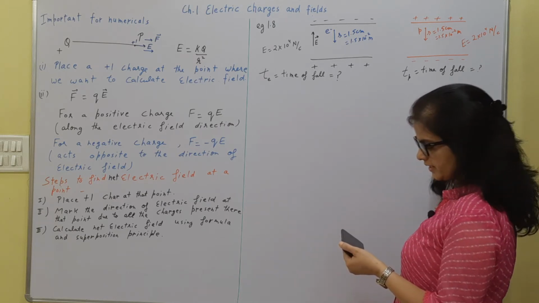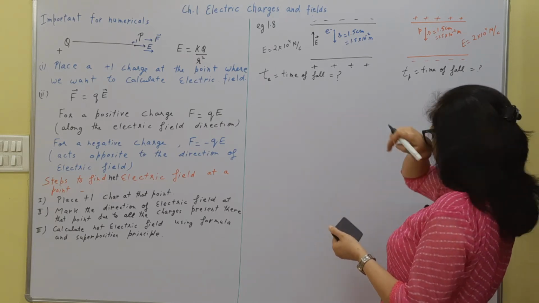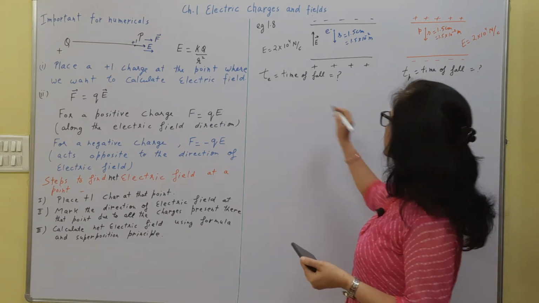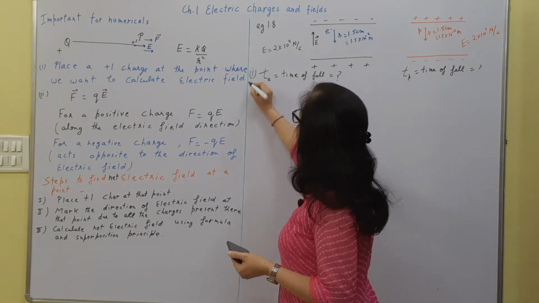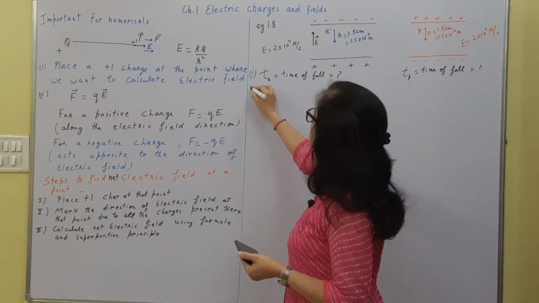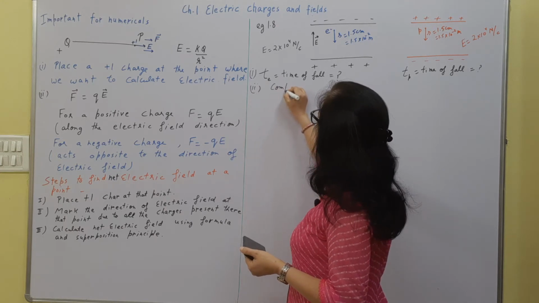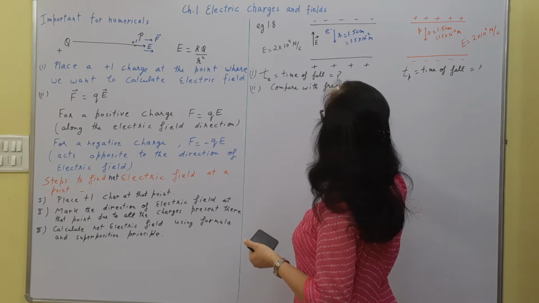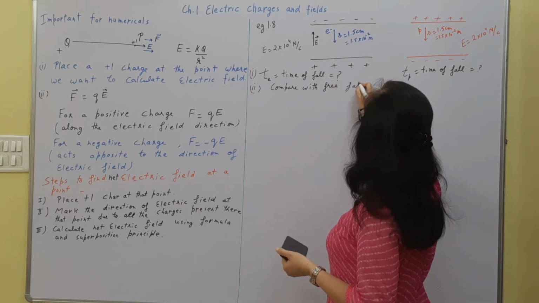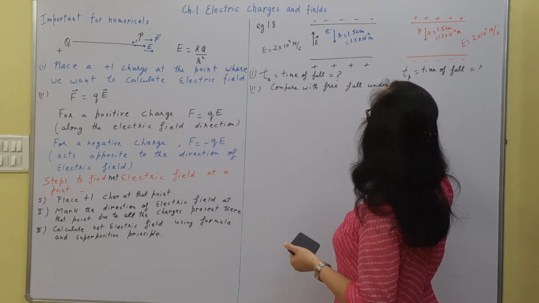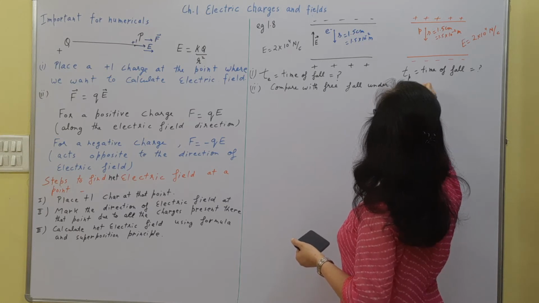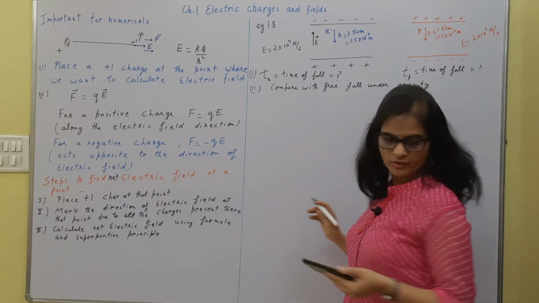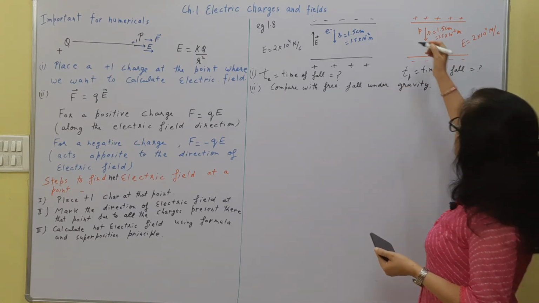You have to contrast the situation with that of free fall under gravity. So this is the first part, and second, compare with free fall under gravity. We are considering these as two cases.